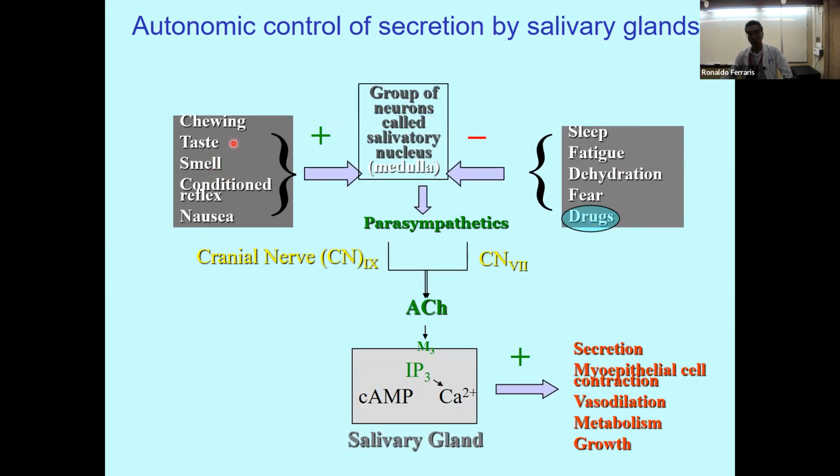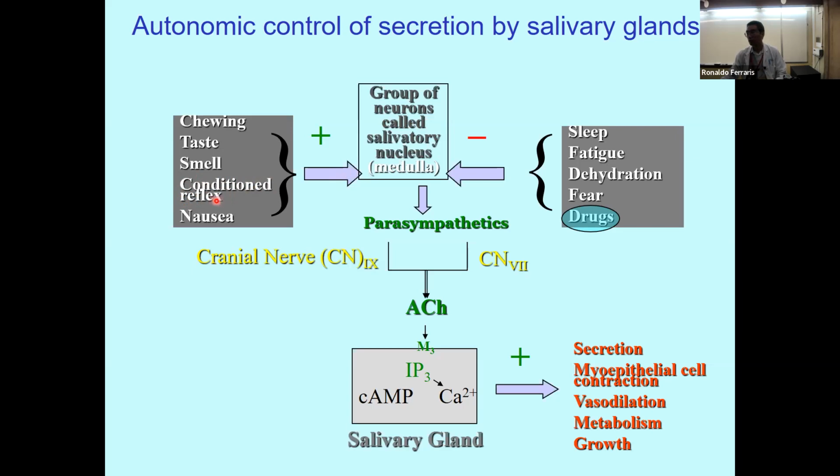So when you smell food, if your conditioned reflex, what this means actually is if after the lecture you're going to go to the cafeteria in order to get some snacks, by the time you get out of this door, your brain will interpret that decision and you will start salivating.